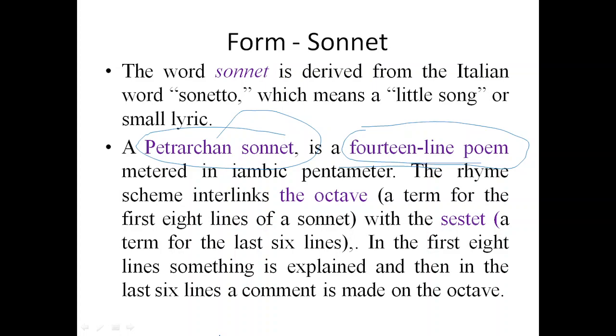Okay, so then we are very curious to know about whose statue is it. So a comment is made in the last 6 lines. They give us the resolution of the problem or a comment on the previous stanza. So here we are told that it is the statue of King Ozymandias.